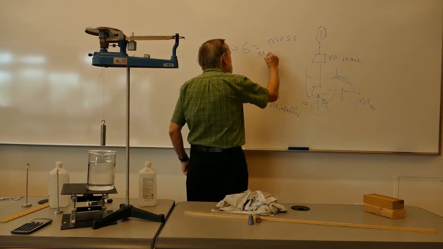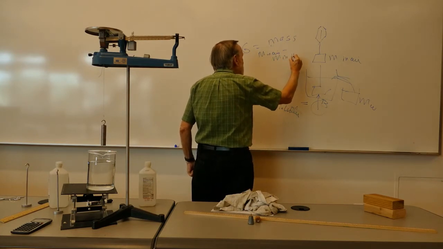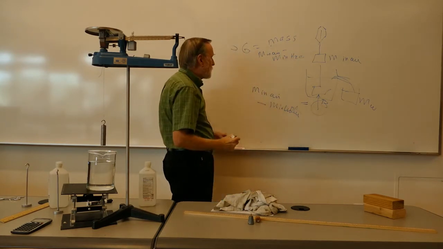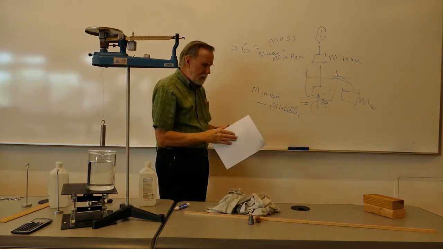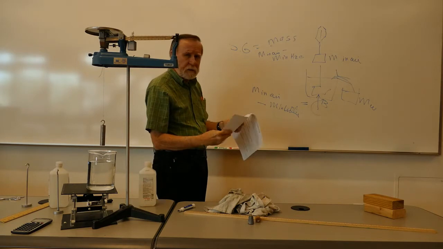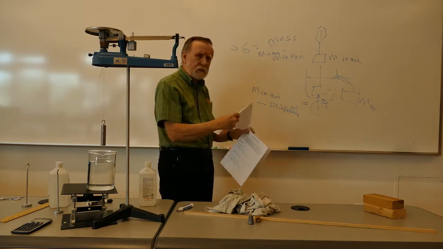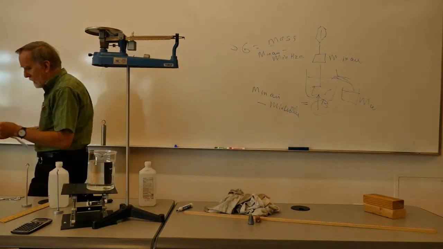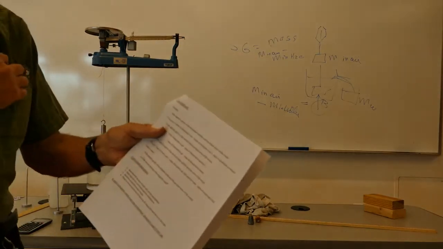So, mass in air minus mass in water, writing H2O for that, that'll give us a specific gravity. Now, if you look at the formula on your calculation page, where it describes your calculations, the first thing we're calculating is the specific gravity of an aluminum cylinder.